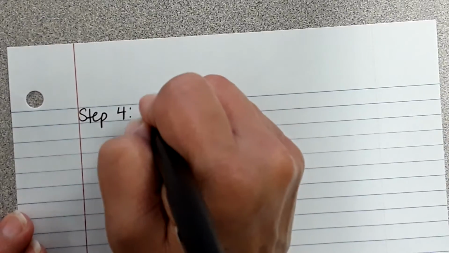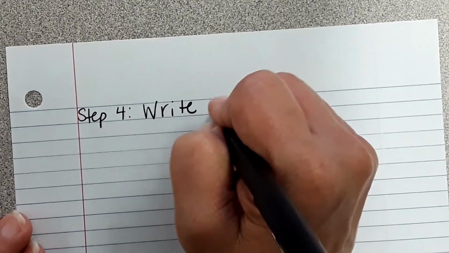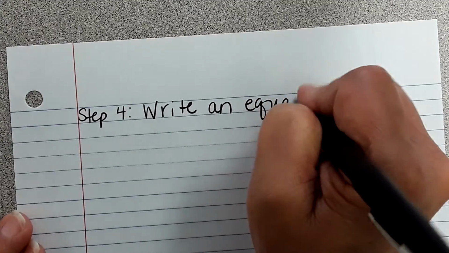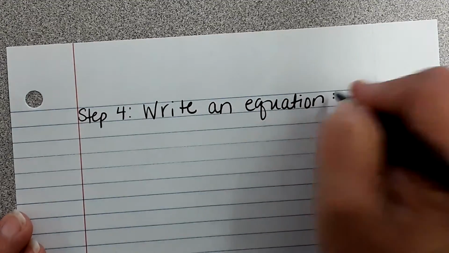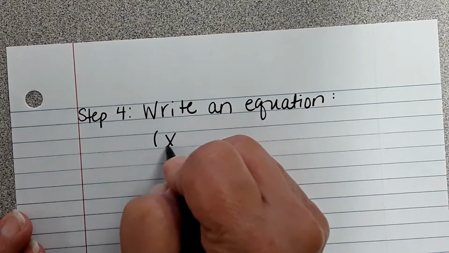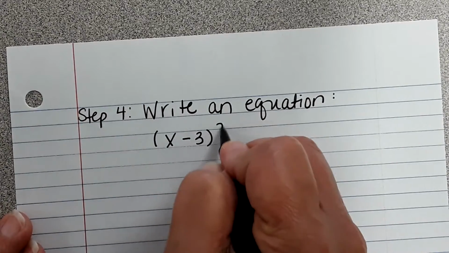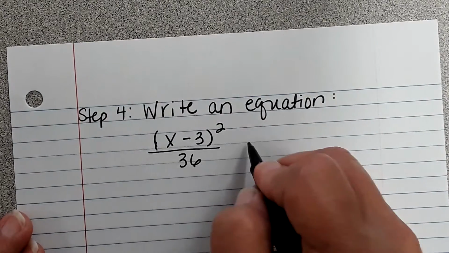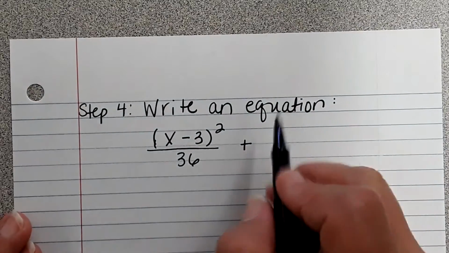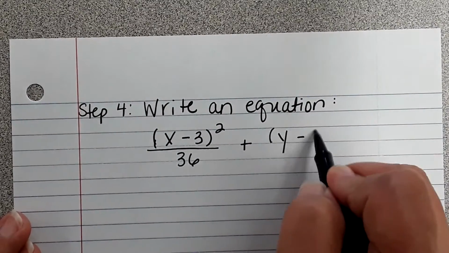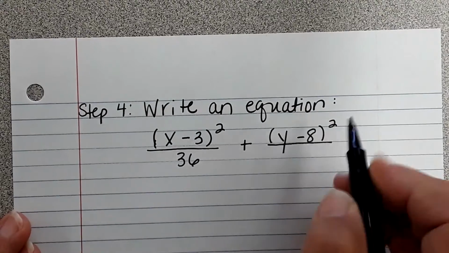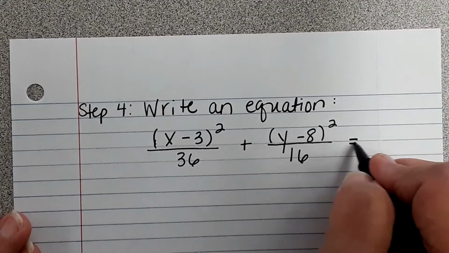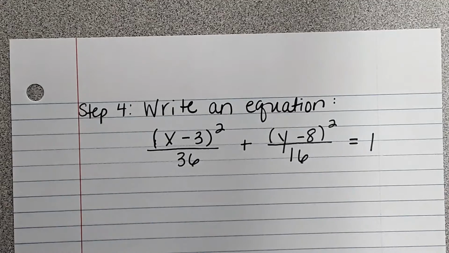Here's step 4, write an equation. So it'd be x minus 3 squared over 36 plus y minus 8 squared over 16 equals 1.